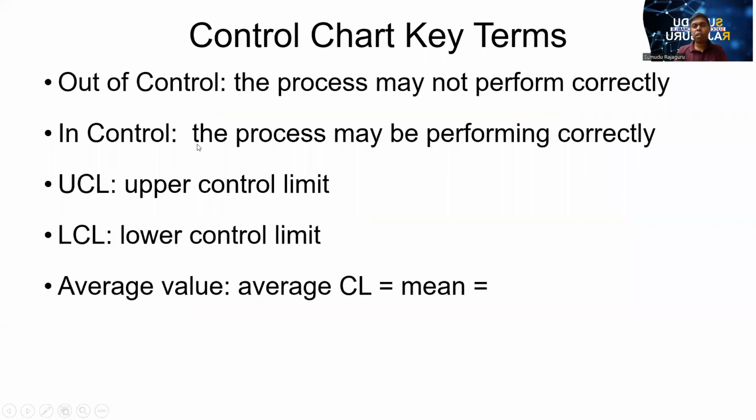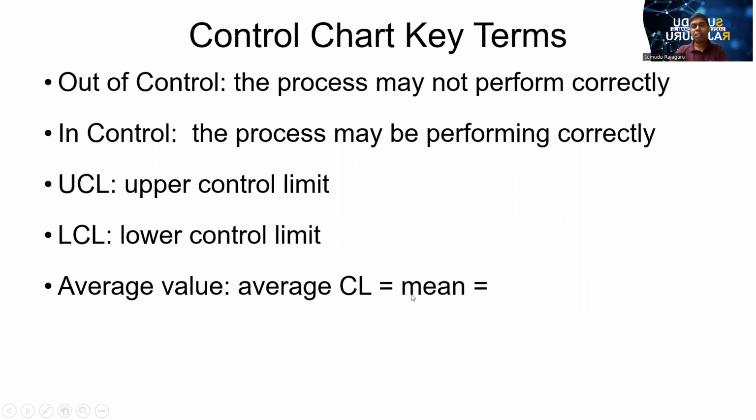When we talk about the control chart, there are a few terms we have to keep in mind. Out of control means the process may not perform correctly. In control means the process may be performing correctly. UCL means upper control limit. LCL means lower control limit.